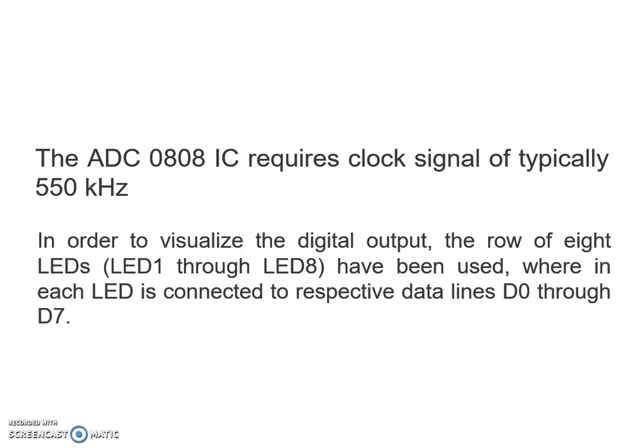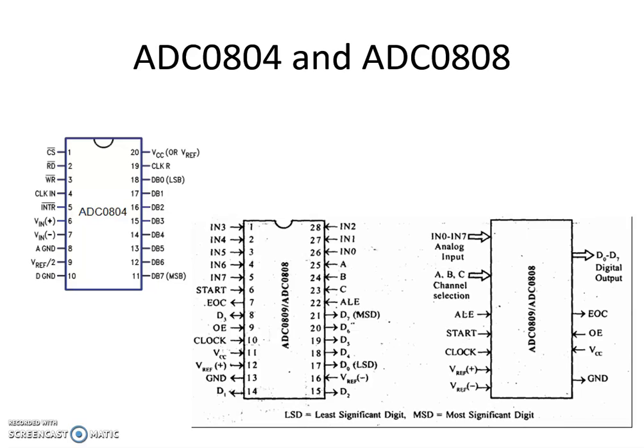Next, this is the chip itself, the ADC 0804 and the ADC 0809 or 0808. Both of these chips actually work the same way. However, the difference between 0804 and 0808 is that the 0808 is an 8-channel ADC. That means the ADC 0808 has 8 channels that can be user selected.